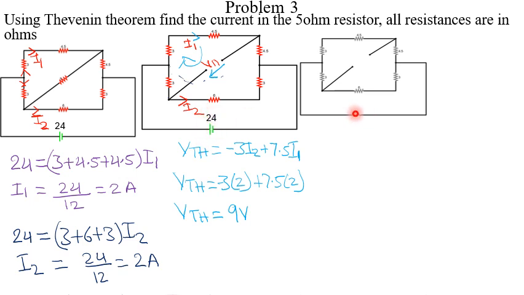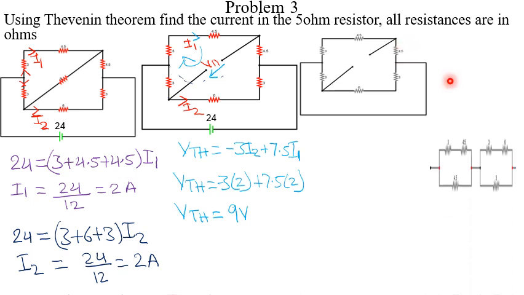We've short circuited it, and we'll come to realize that, when current gets here, it is split. This 3 and 4.5 are in series, so this becomes 7.5, and it is in parallel with this 3, and this 6 and 3 are in series and in parallel with this 4.5.